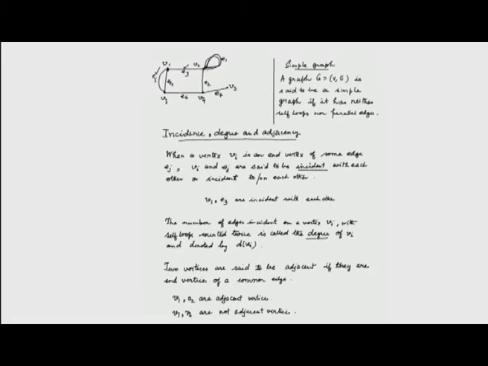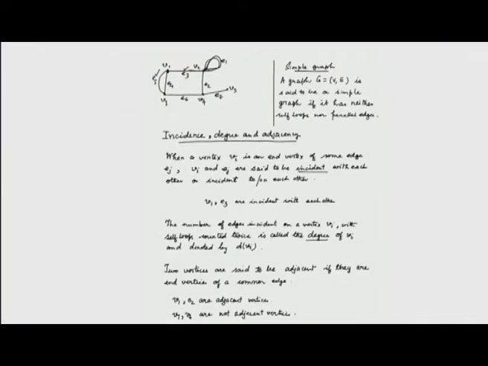That means the edge E1 is incident on V2 twice, because both the ends are incident on V2. Therefore, when we are counting the degree of V2, E1 will contribute 2, and as we see from the diagram, E3 and E2 will contribute 1 each. So, the degree of V2 is going to be 4 and not 3.